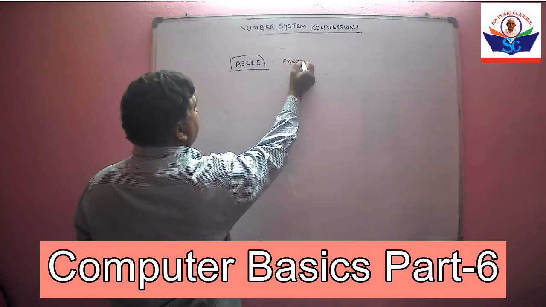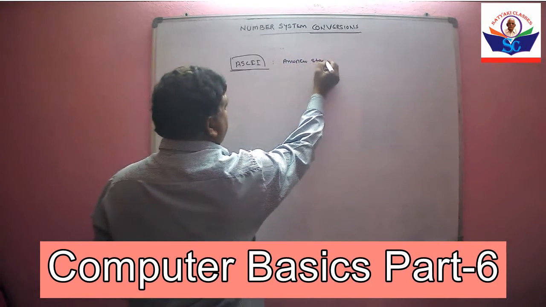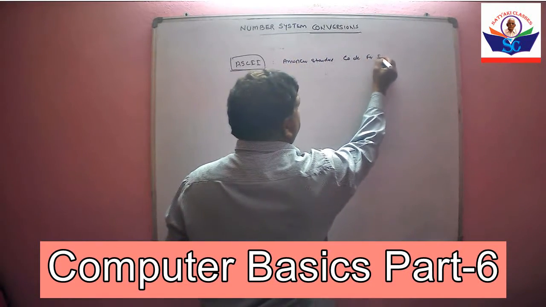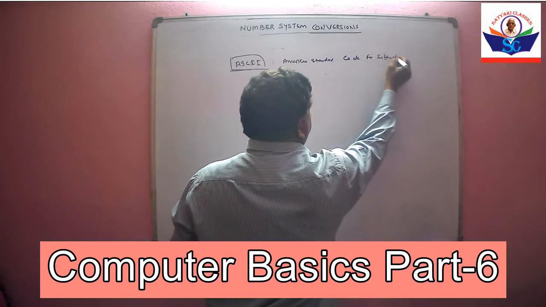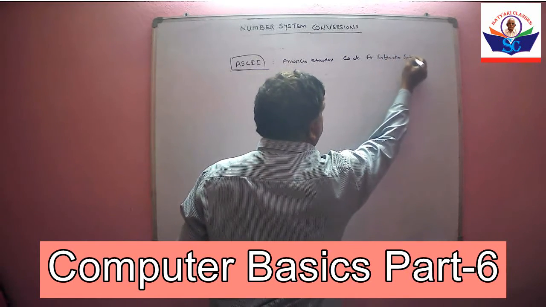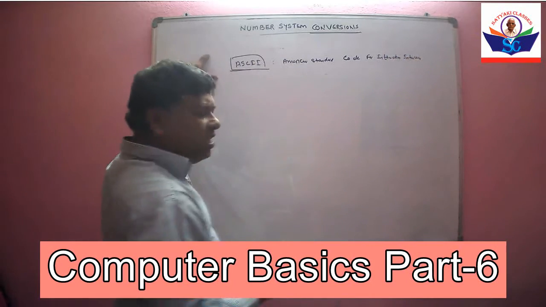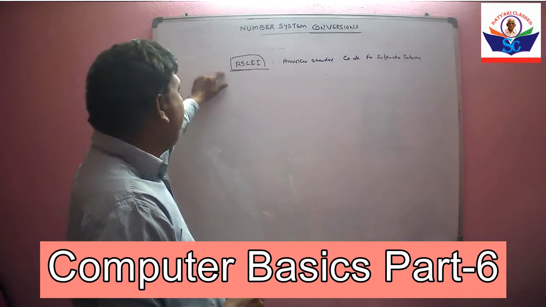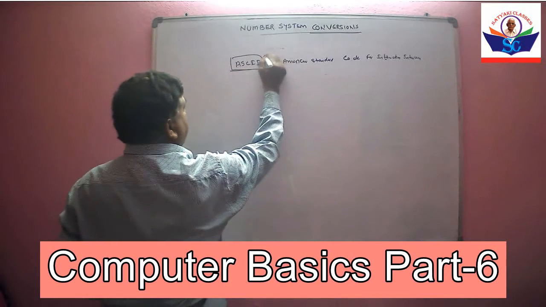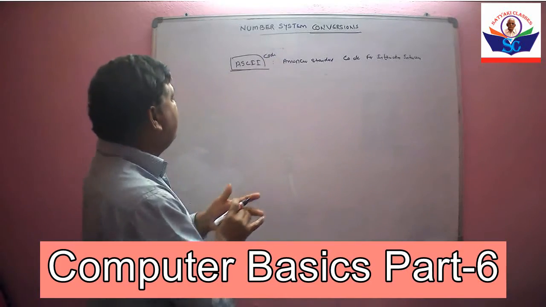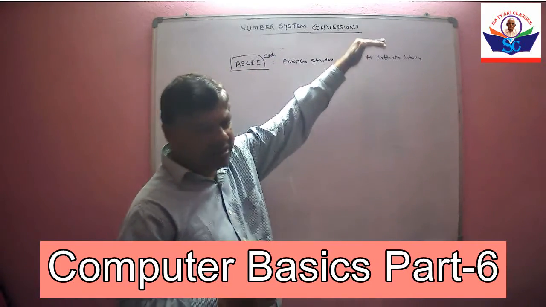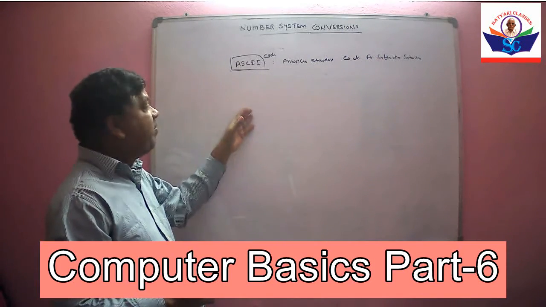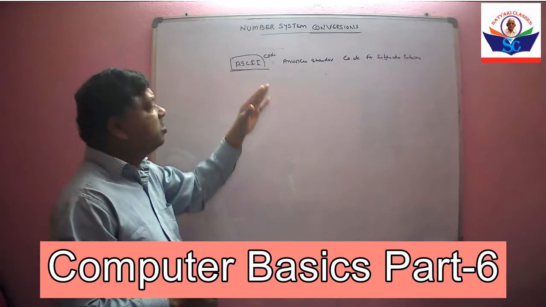American Standard Code for Information Interchange. To convert the alphabets, numbers and symbols, the system follows the ASCII code. By following this code, these alphabets, numbers and symbols are converted to zeros and ones.